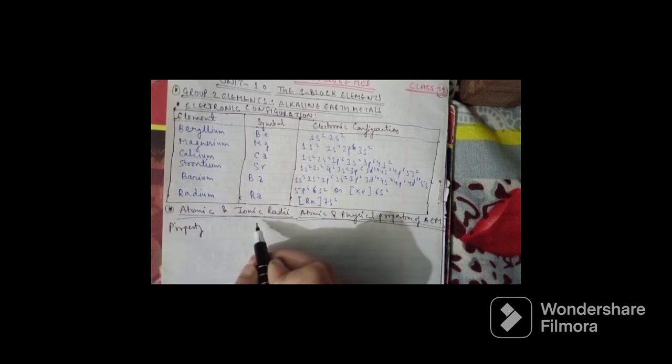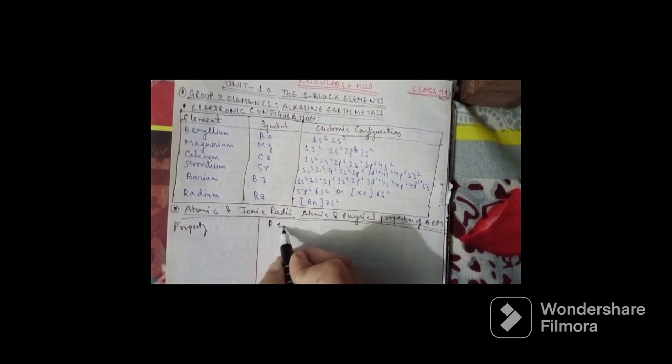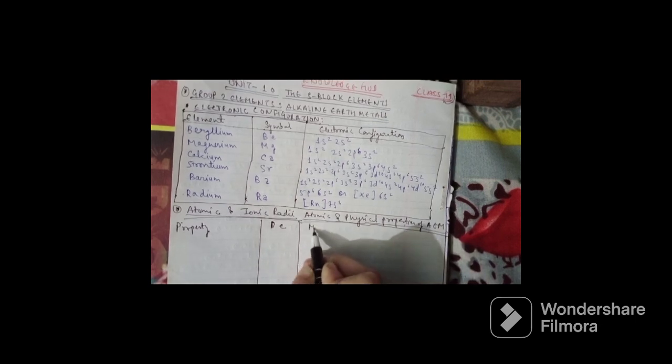Then we have beryllium, then magnesium, Mg, then calcium, Ca, then strontium, Sr, barium, Ba, and then radium, that is Ra. So we go through it one by one.